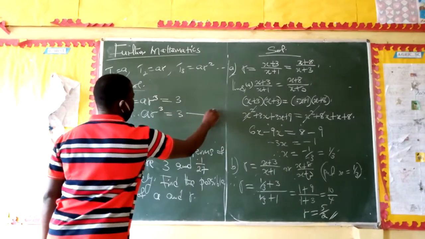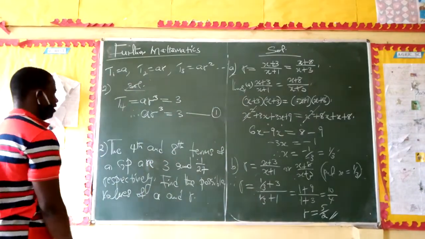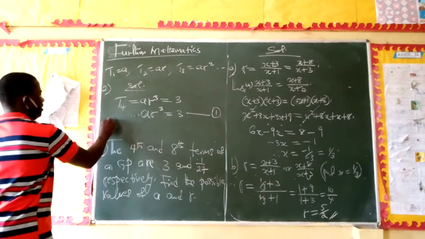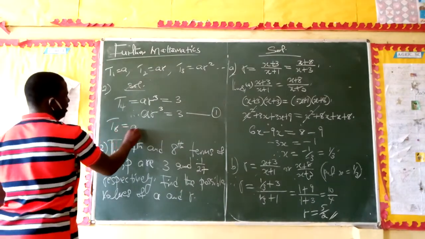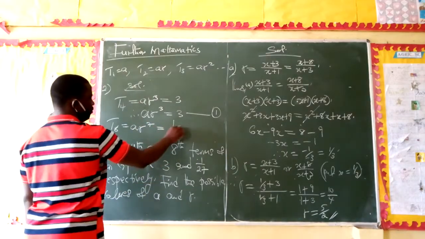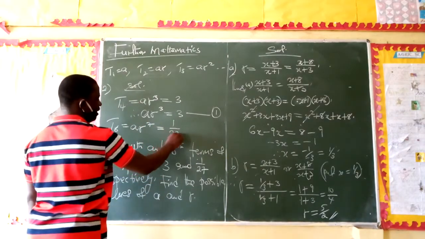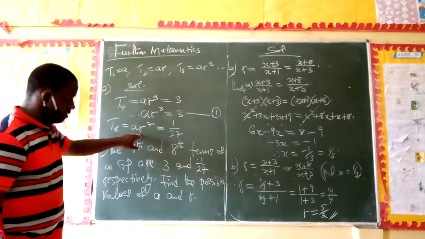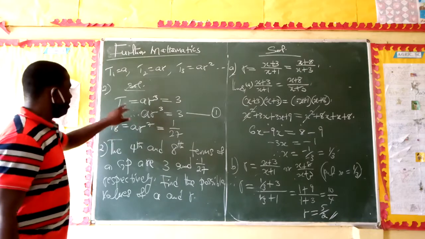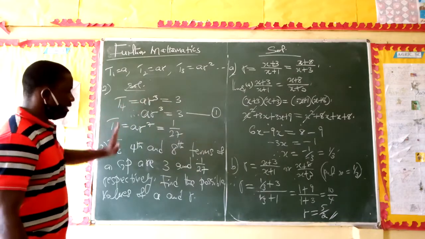Call this one equation 1, right? Okay. What again is given to us? T8. T8 is equal to AR raised to power 7, which is giving us 1 over 27, right? So my 8th term is this. Why is it like this? This is always 1 more than this. And so that's my 8th term.